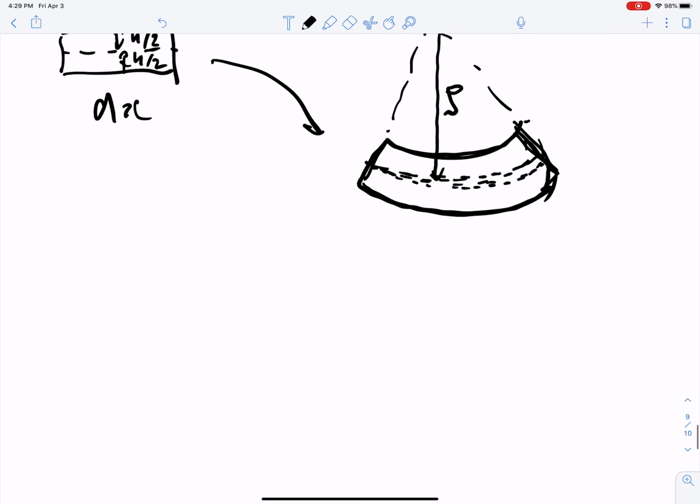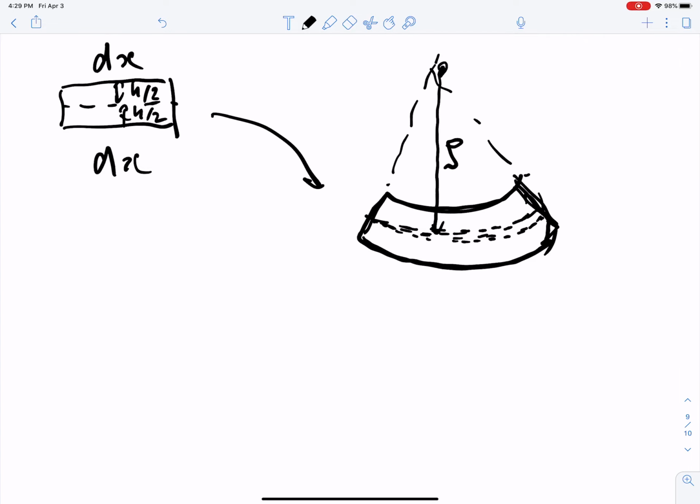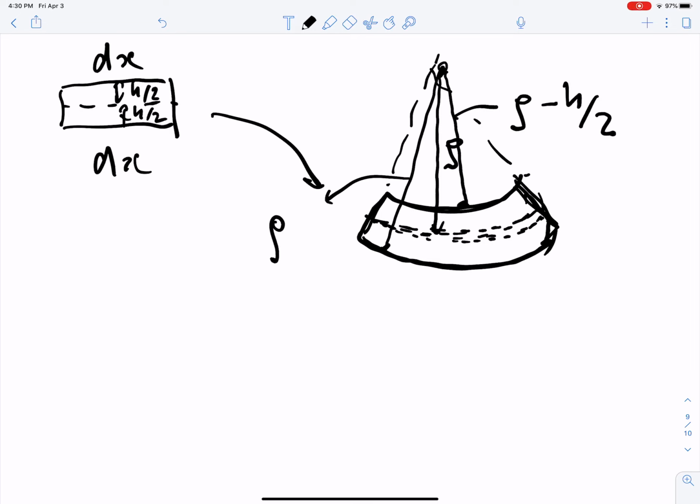Now, I can also compute these lengths. This becomes rho minus h over 2, and this becomes rho plus h over 2.